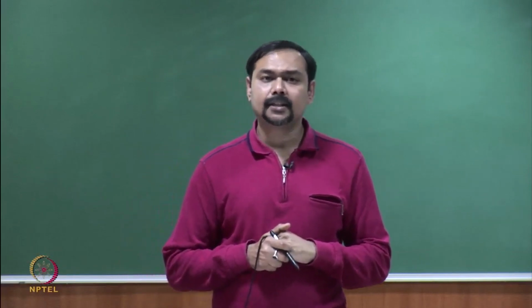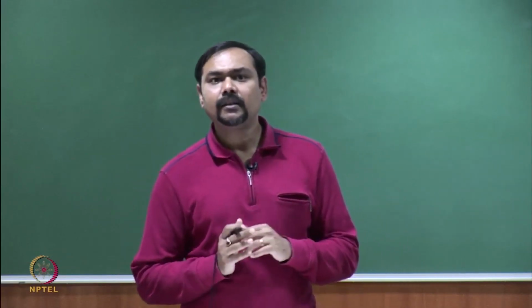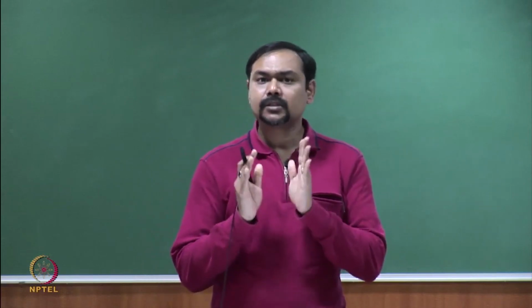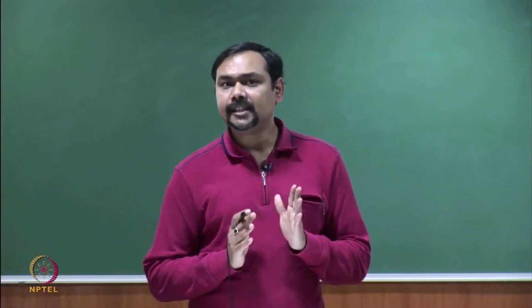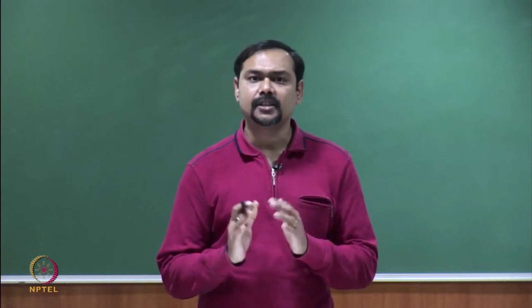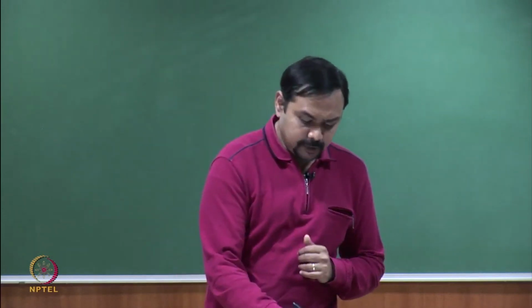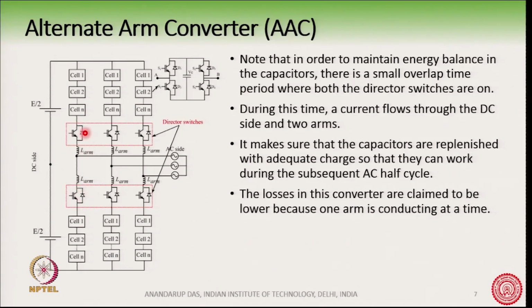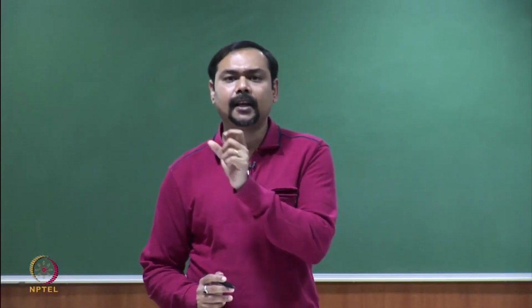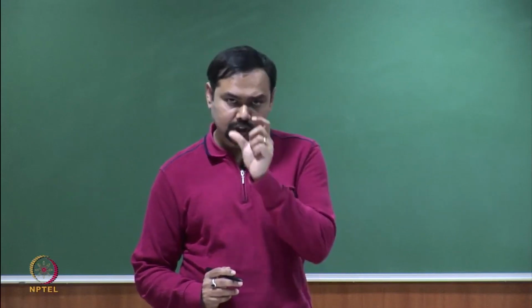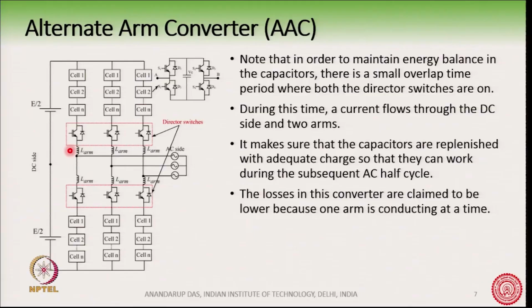However, in this case, what we have done, we are not allowing the DC to flow continuously, rather for a short period of time, maybe during the end of the half cycle and the beginning of the half cycle, a short period there, we will turn on both the director switches and the current will flow. This will make sure that the capacitors are properly charged up.